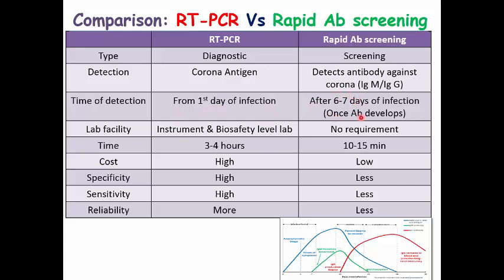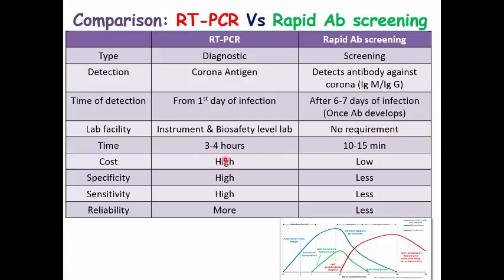Rapid screening can only detect the infection once antibody production has started. RT-PCR requires a special instrument and laboratory facilities with biosafety level 2 or 3. Rapid screening does not require any special instrument or laboratory facilities. RT-PCR takes 3 to 4 hours to complete the test procedure. Rapid screening takes hardly around 10 to 15 minutes, so it is very rapid.